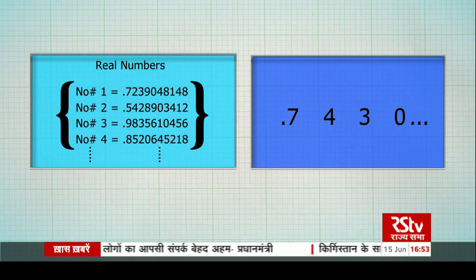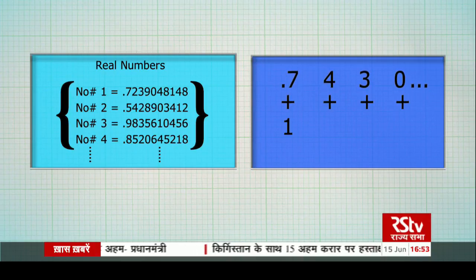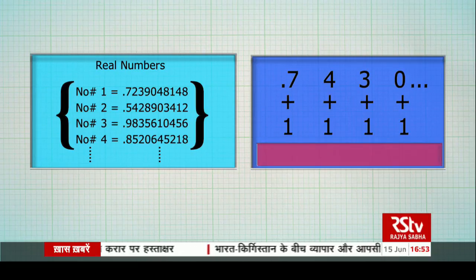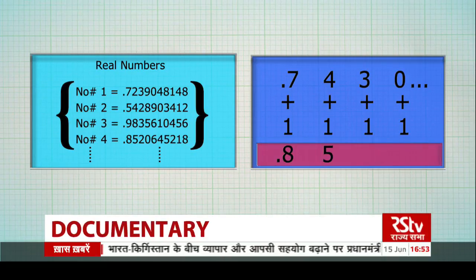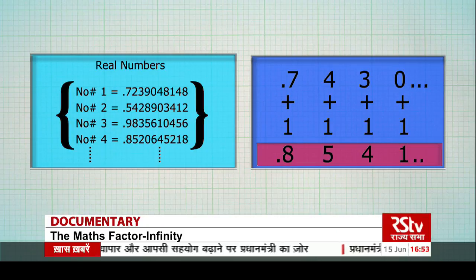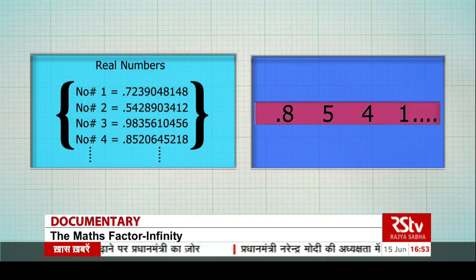Now I'm going to change this number. For the purpose of argument, I will just increase every digit in this number by 1. So I will get 0.8541 and so on. Now this number, which I've just created, will not correspond to any number on my list.